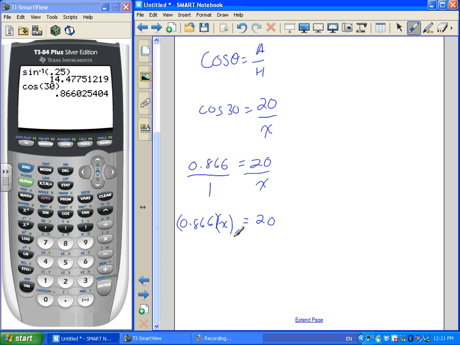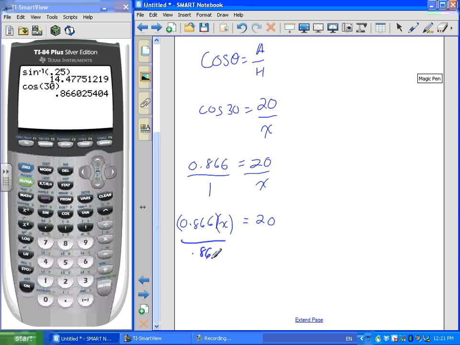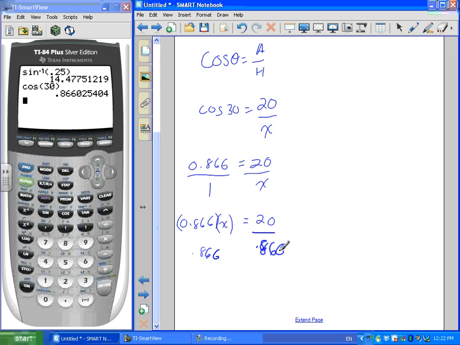Now I'm trying to isolate x, so I need to divide both sides by 0.866. So once I do that, it'll say x is equal to 20 divided by 0.866.